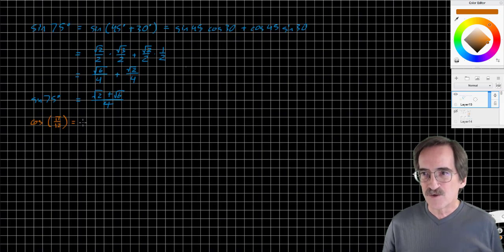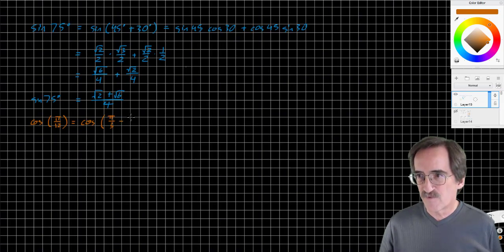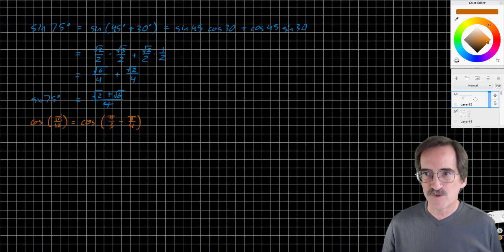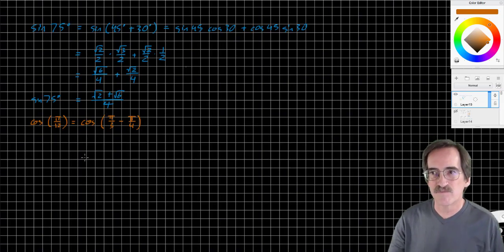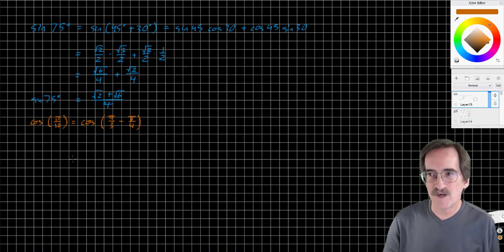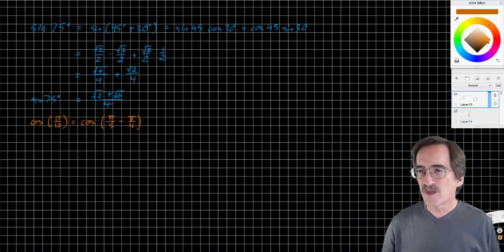So this happens to be cosine of pi over 3 minus pi over 4. You can check: 4 minus 3 is 1, 3 times 4 is 12. That's pi over 12. So let's evaluate this.